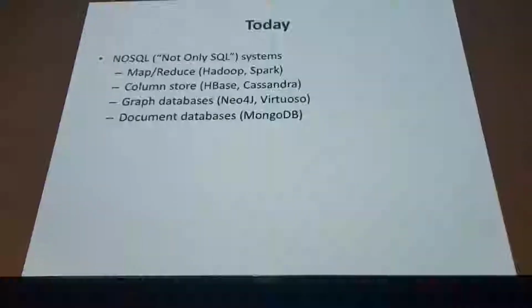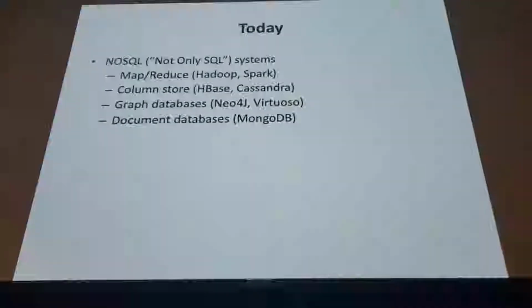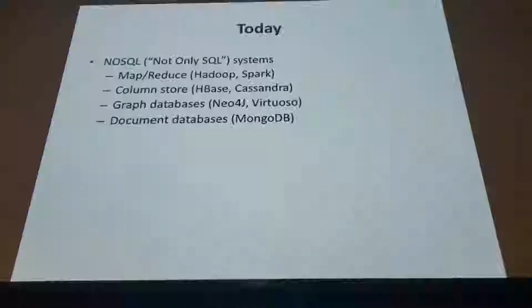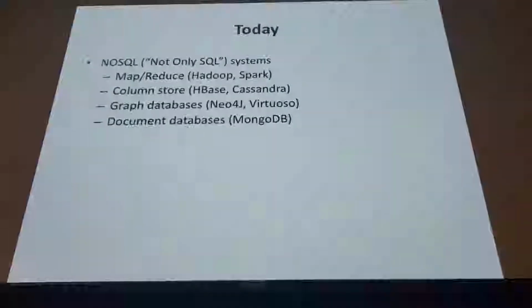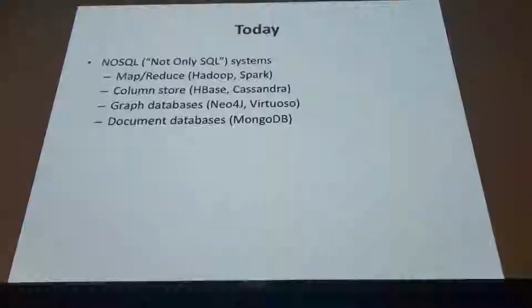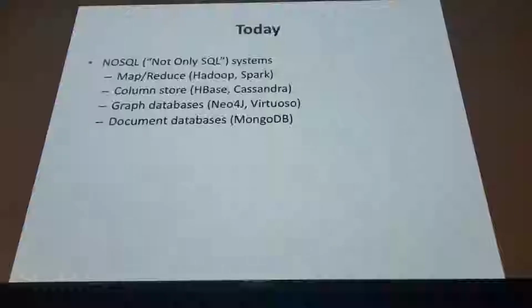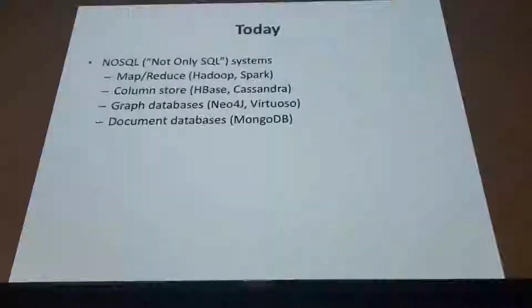There are things that are column stores. There are column store relational databases. There are also column store NoSQL systems. We'll be talking about things as if the data is stored in rows, row by row by row, a row of data, a record of data in a row. But data could also be stored, and I'll briefly allude to this later on, in column form, not just in row form.